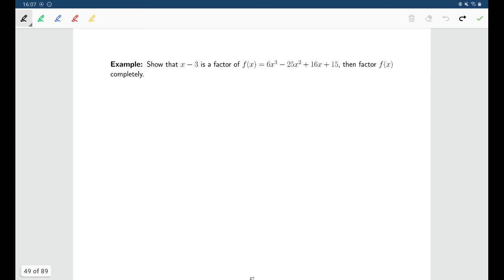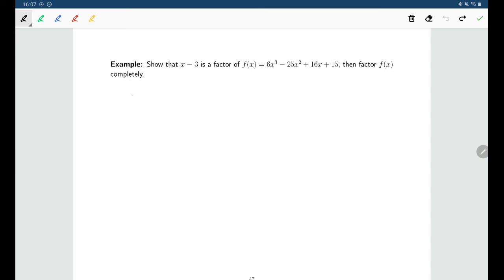Okay, so now one more example here. We want to show that x minus 3 is a factor of this polynomial, and then we want to factor this polynomial completely. First, to show that it's a factor, we'll do that with synthetic division.